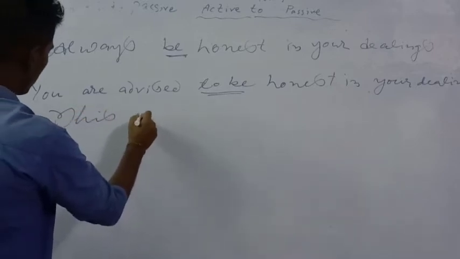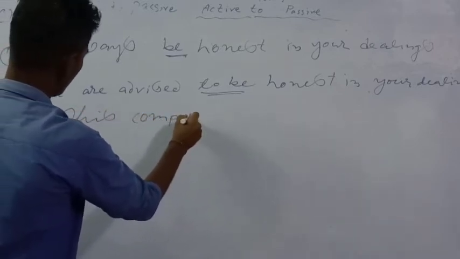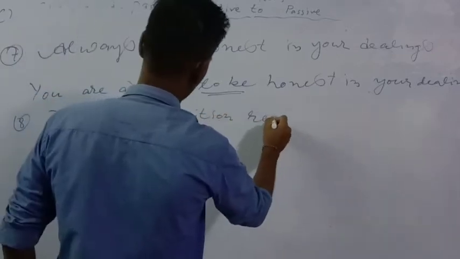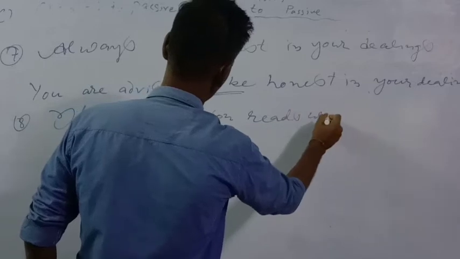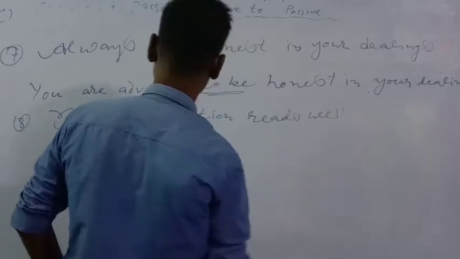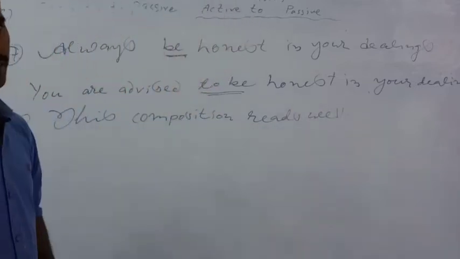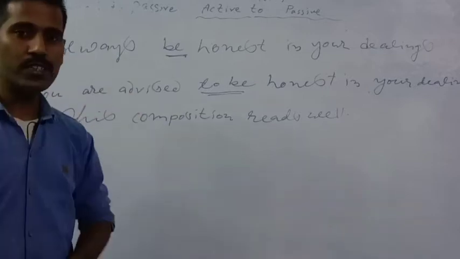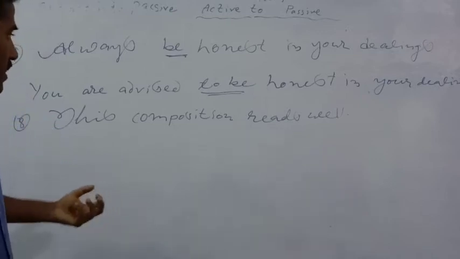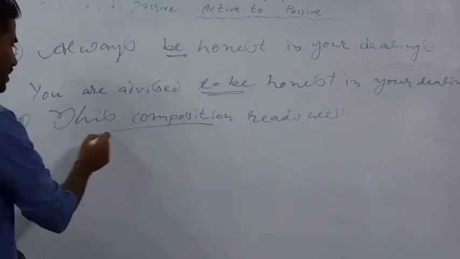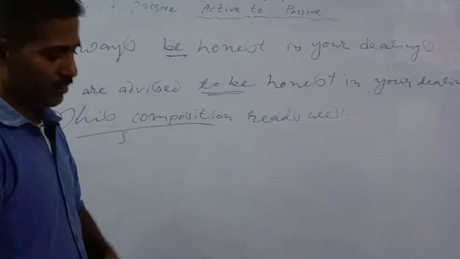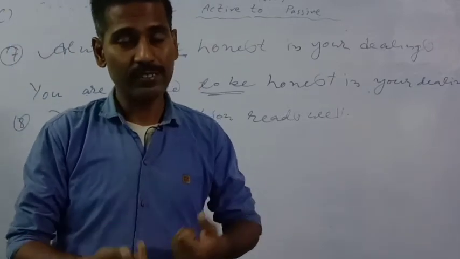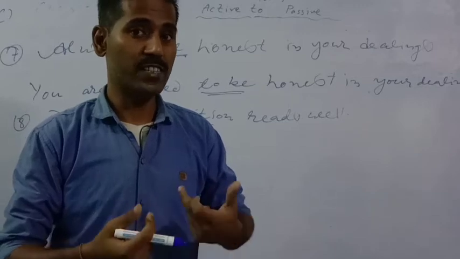Next, see. This composition reads well. It's quasi passive. See, this composition is the subject here. Reads well. Can a composition read itself? A composition cannot read itself, is it?